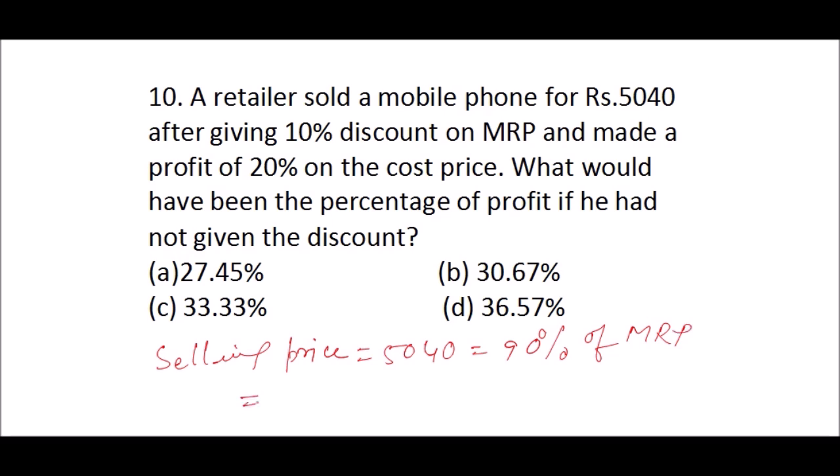Therefore, we can find MRP, that means maximum retail price, which is 5040 divided by 0.9, and that gives you 5600. Therefore, we found the MRP value.